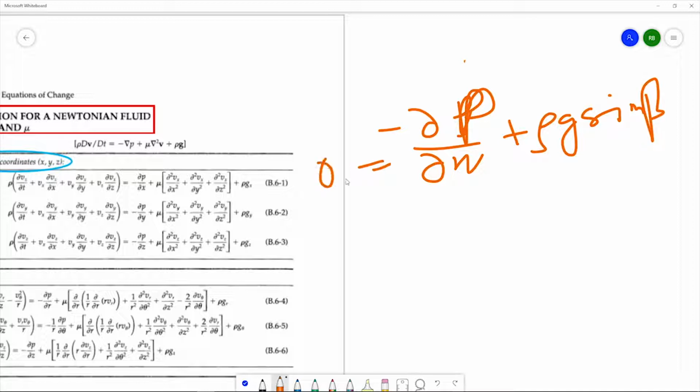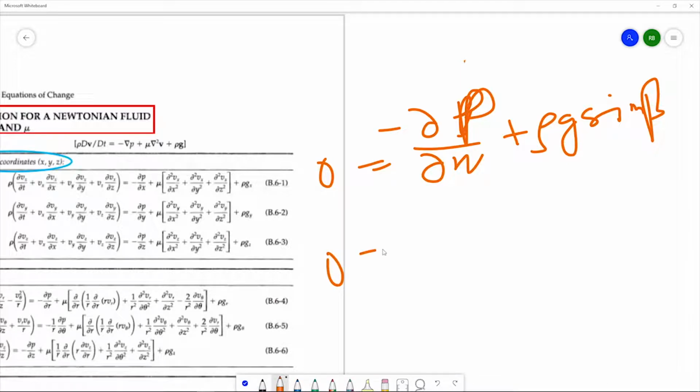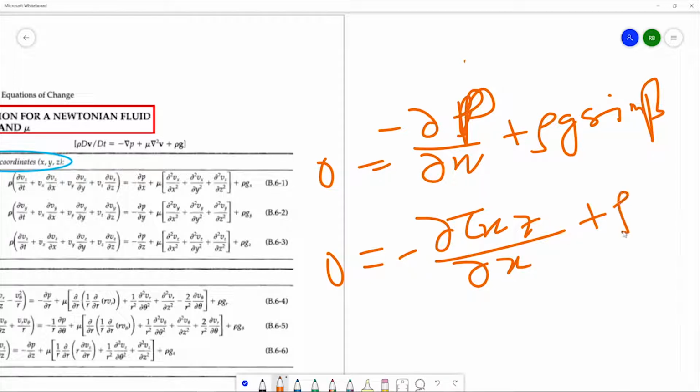This was one equation, and the second equation was minus dou tau xz by dou x plus rho g z, that is rho g cos beta.